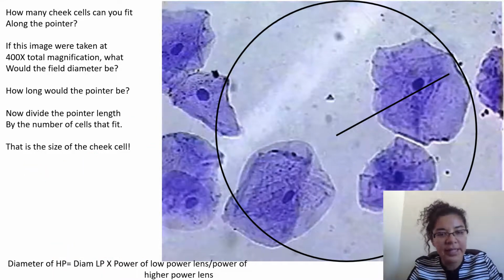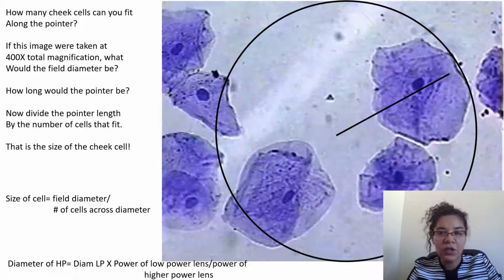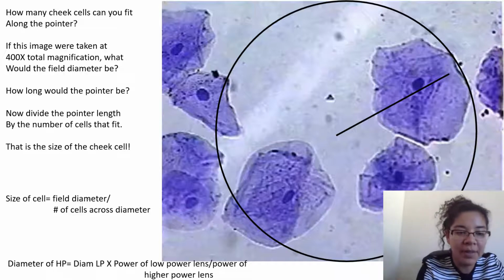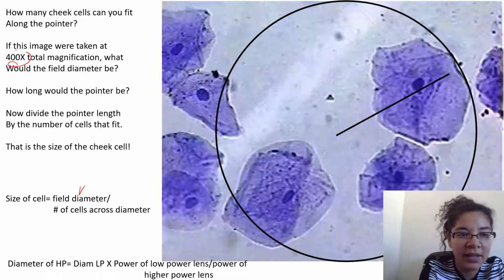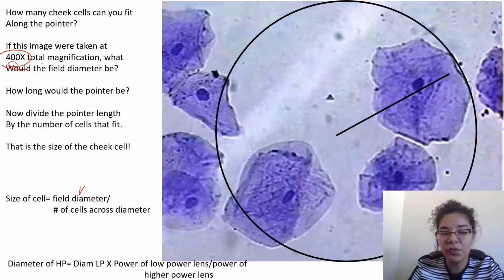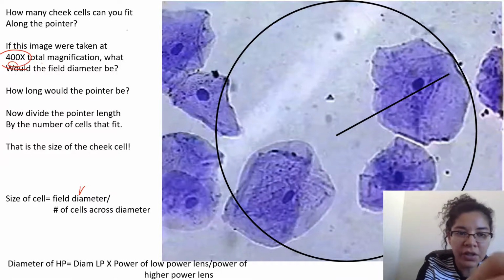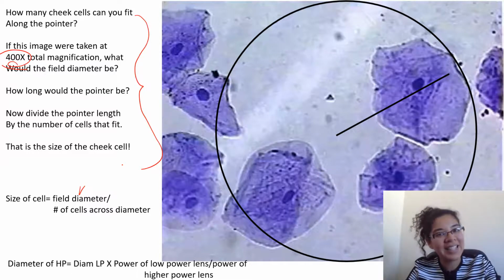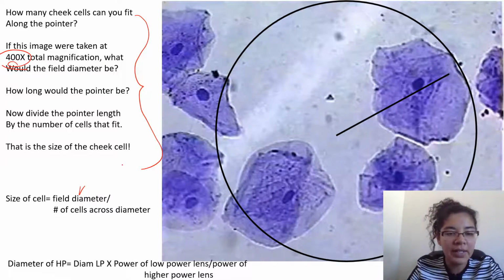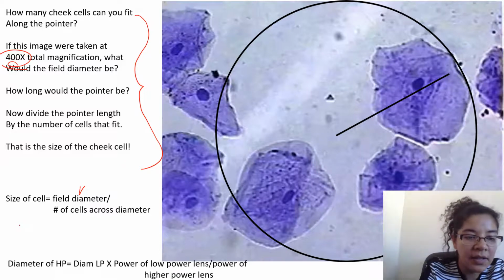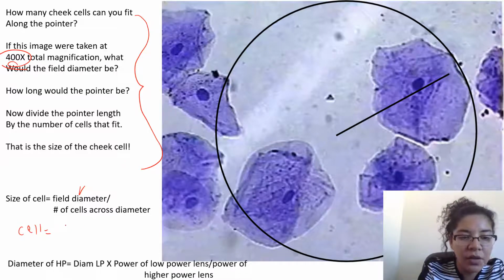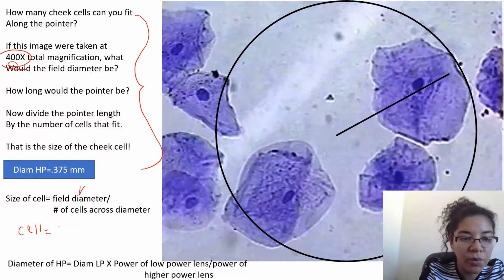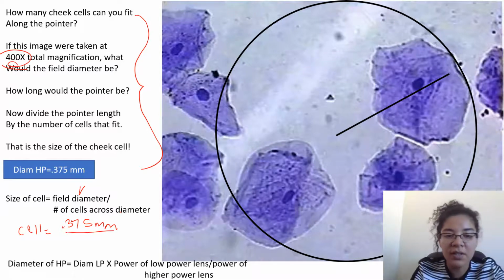So let's go over it. We know the diameter of the high power lens, which we calculated previously. The size of the cheek cell equals the field diameter of the field you're looking at, in this case at 400x, divided by the number of cells that fit across the diameter. This differs from the previous method, but you get the same answer. The size of one cell equals the size of the field, 0.375 as calculated earlier, divided by the number of cells that fit across the field.